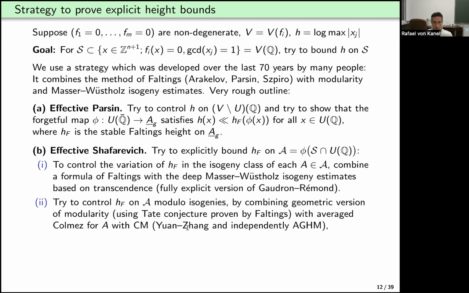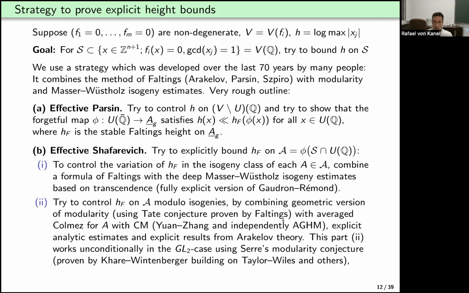This was proven by Yuan and Zhang and independently by a group of four other mathematicians. One can also use explicit analytic estimates and explicit results from Arakelov theory. This doesn't work in general, but in some situations, for example in the GL2 case, this is unconditional using Serre's modularity conjecture, some GL2-type constructions and some Baily degree results.